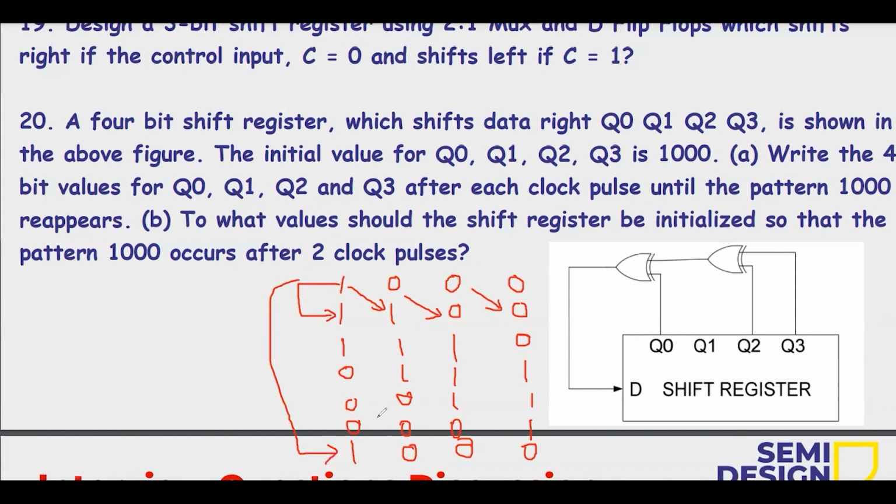So they have asked the question at the second clock cycle. What is the second clock cycle? So at the first clock cycle, it is shifting like this. And this is the 0 clock cycle, first clock cycle, and the second clock cycle. So at the second clock cycle, the value is 0011.